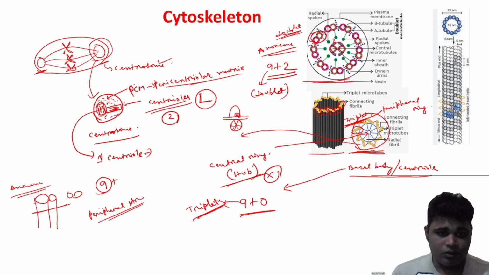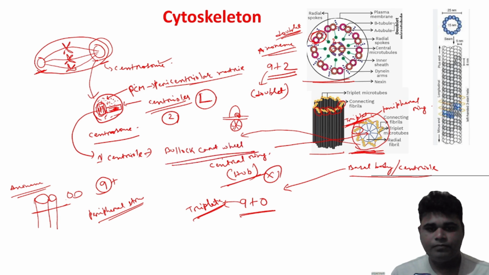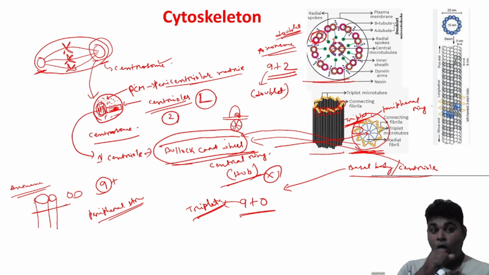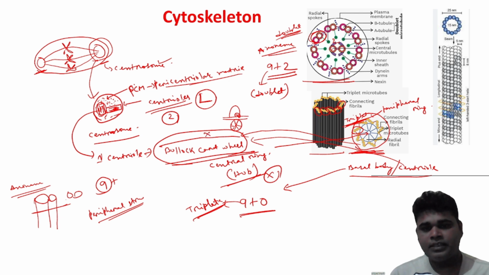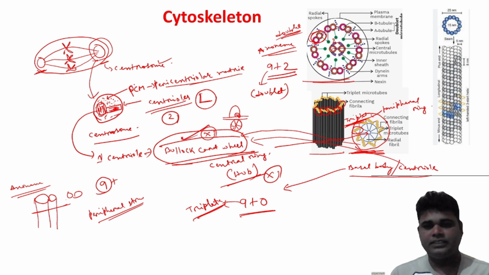The centriole also looks the same as a bullock cart wheel structure, so the centriole is also called the bullock cart wheel. This is very important. In a previous exam, the question was asked which structure is also called the bullock cart wheel structure, and the answer is the centriole. So this is all about the structure and the difference between the axoneme and the basal body.